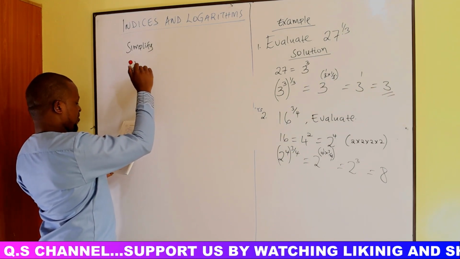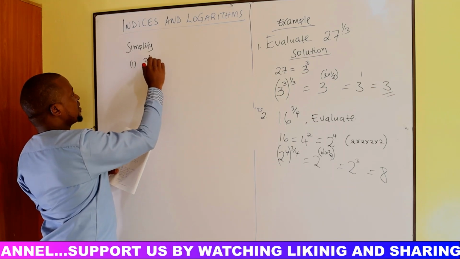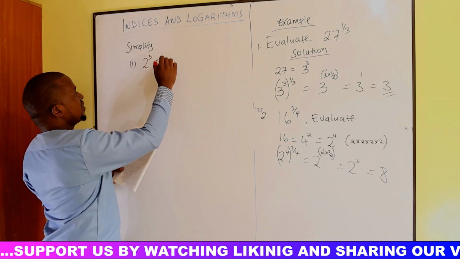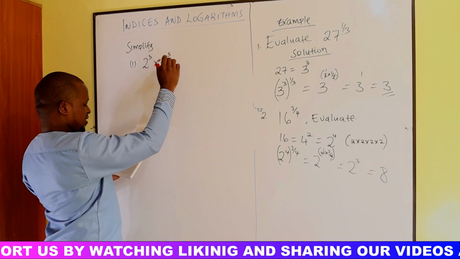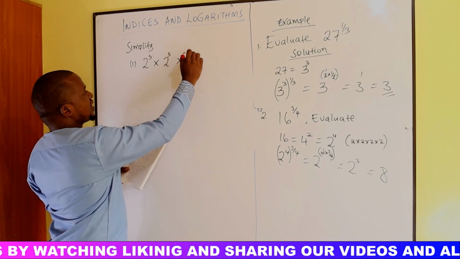Number 1, simplify 2 raised to power 3 times 2 raised to power 5 times 2 raised to power negative 4.